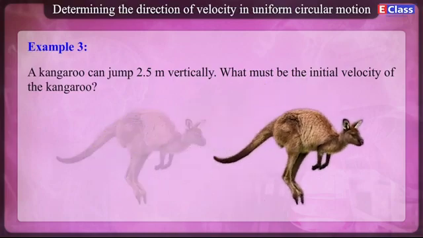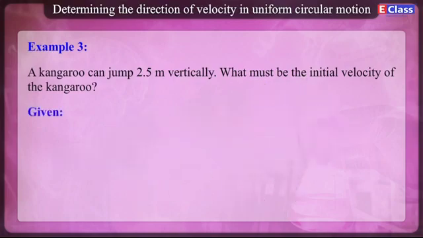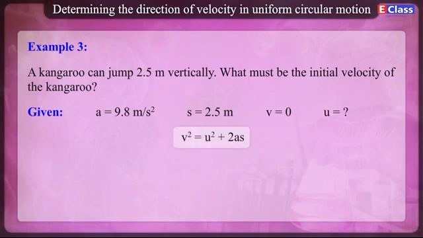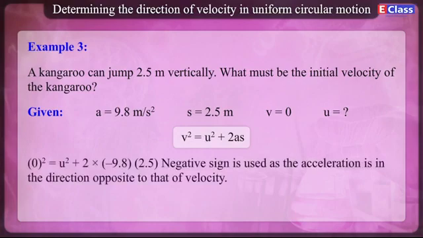Example 3. A kangaroo can jump 2.5 meters vertically. What must be the initial velocity of the kangaroo? Given a is equal to 9.8 m/s², s is equal to 2.5 meters, v is equal to 0, u is equal to question mark. v square is equal to u square plus 2as, 0 square is equal to u square plus 2 multiplied by minus 9.8, 2.5.